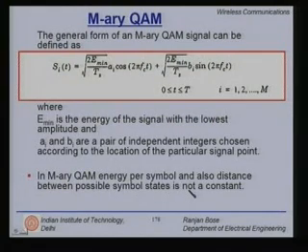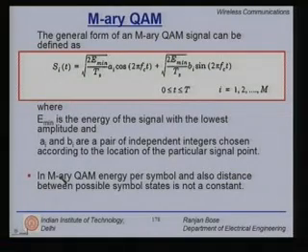Question: Sir, is it necessary that M should be a power of 4? Okay, the question being asked is, should M here in M-ary QAM be a power of 4? The answer is, if you are putting it in an xy coordinate, yes, it has to be either 4 or 16, but it is also found that you can have 32 QAM, wherein it is not a perfect square lattice.